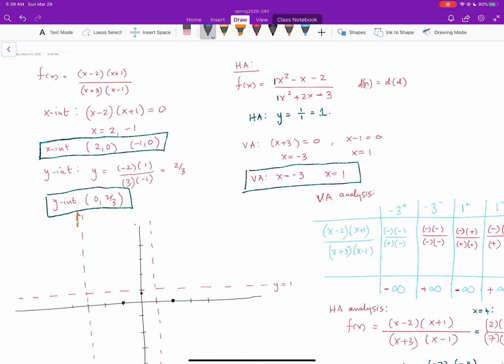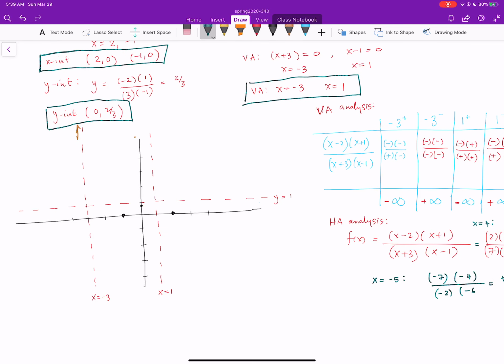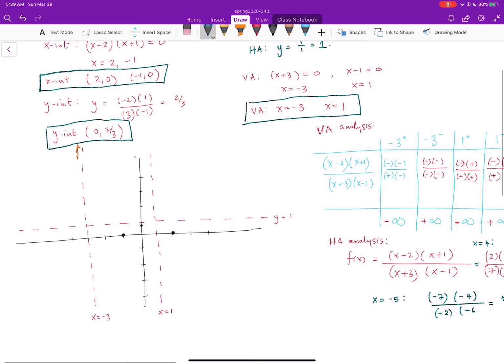We have all the ingredients we need to put a sketch together now. So you put in your horizontal asymptote, y equal to 1, and your vertical asymptotes, x equal to 1 and x equal to negative 3. You locate your x- and y-intercepts. We're good to go.